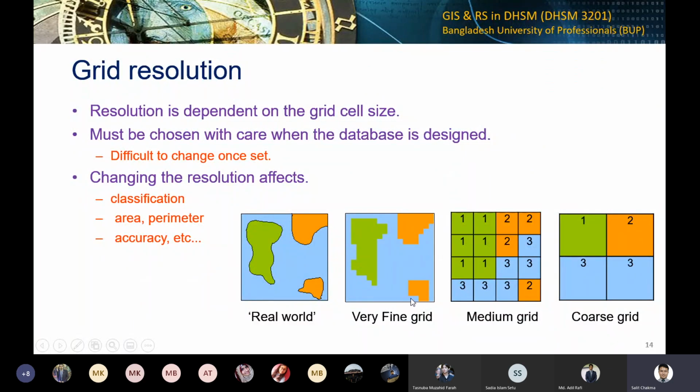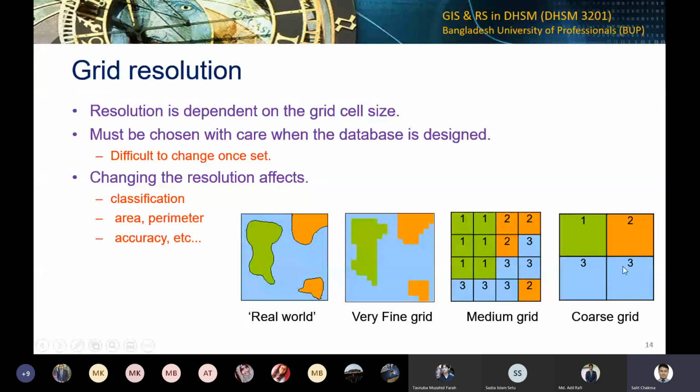So these pixels, which were water bodies in the previous example, now have transformed into urban area. Now, if you reduce the spatial resolution, that means you have increased the size of the cell. Now we suddenly realize that this pixel is completely gone. It's lost.